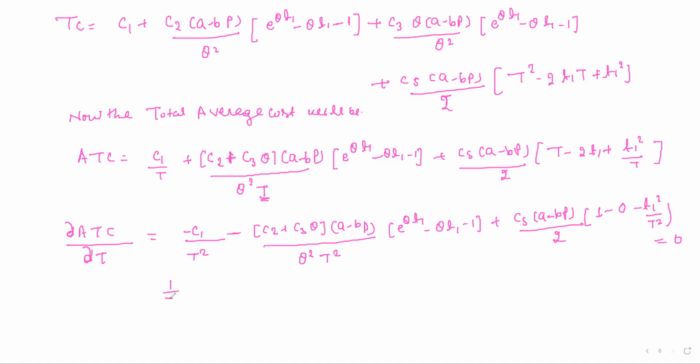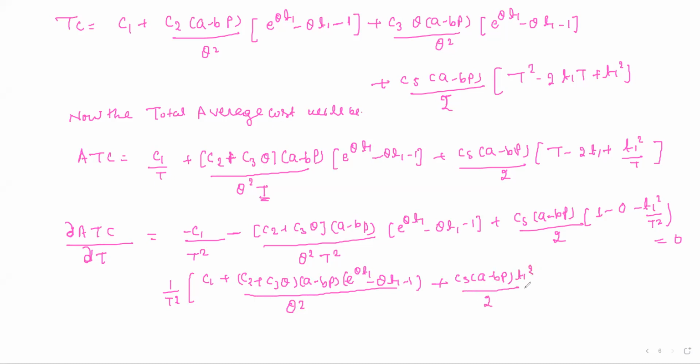So we get 1 upon T square, C1 plus C2 plus C3 theta (A minus BP) e to the power theta T1 minus theta T1 minus 1 upon theta square, plus Cs (A minus BP) T1 square by 2, and this is equal to Cs (A minus BP) upon 2.